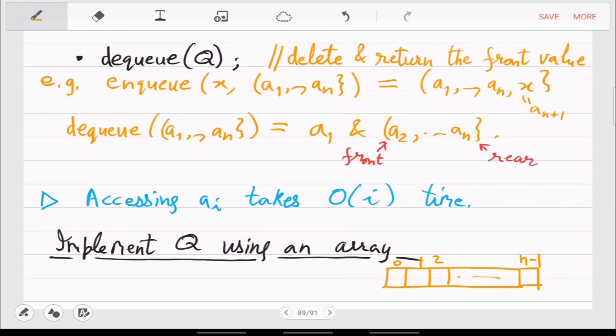So you need two tracking variables, front and rear, right? You should have those things stored separately. Say this is the front and somewhere here is the rear.